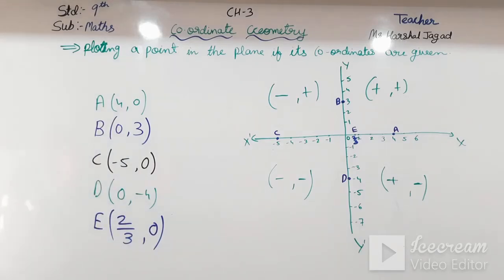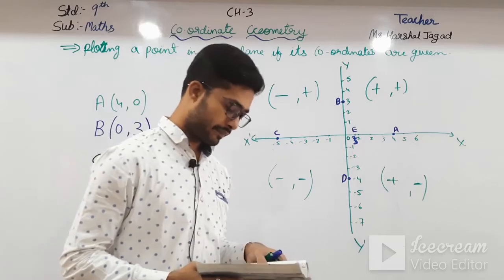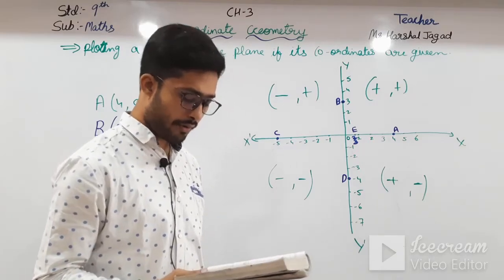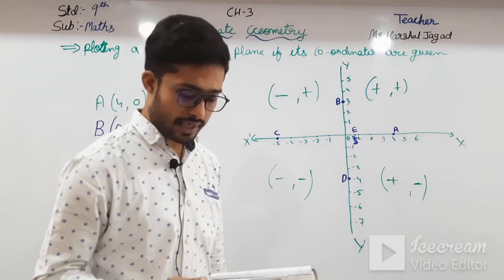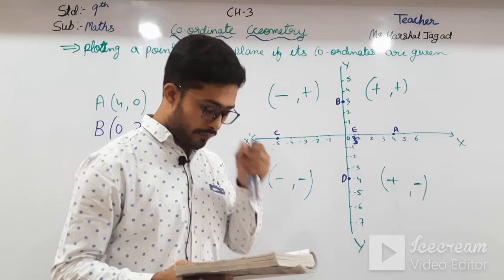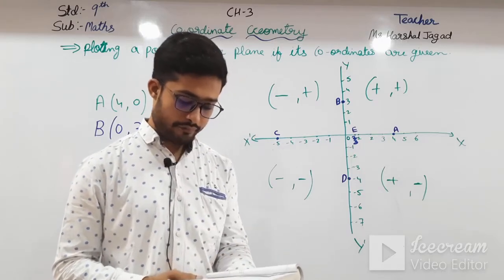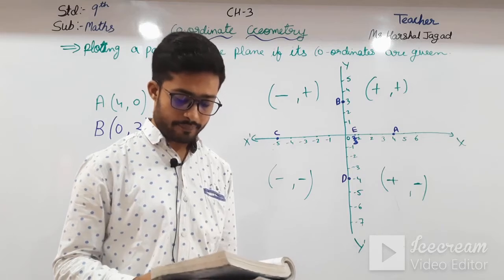See here, some description is there, but I am just reading that. Up till now we have drawn the points for you and asked you to give their coordinates. Now we will show you how we place these points in the plane if we know its coordinates. We call the process plotting the point.